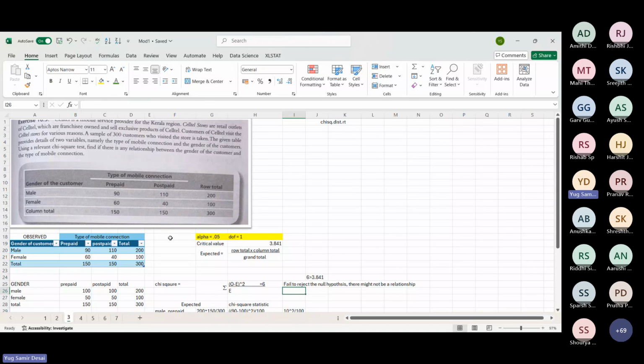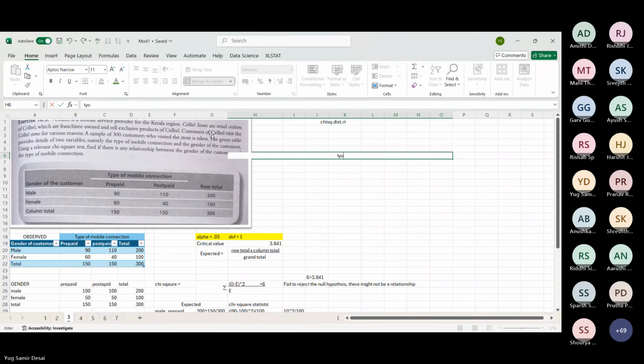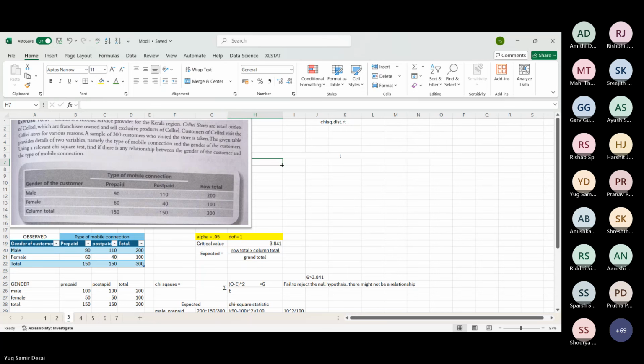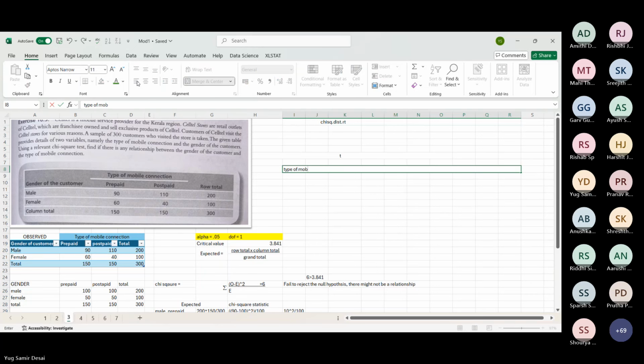It won't necessarily be a negative statement, or they might even write it like this: type of mobile connection plan is independent of the gender.